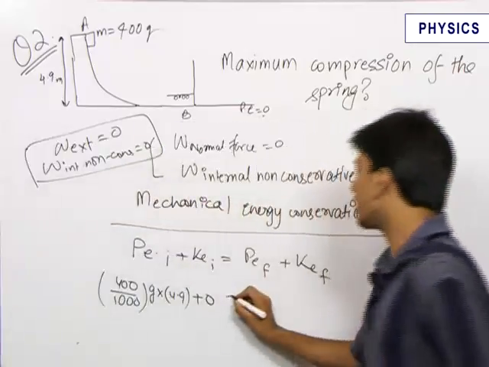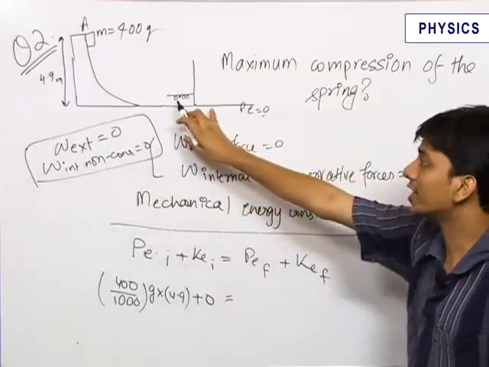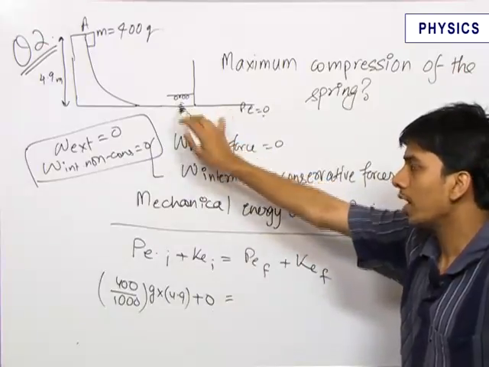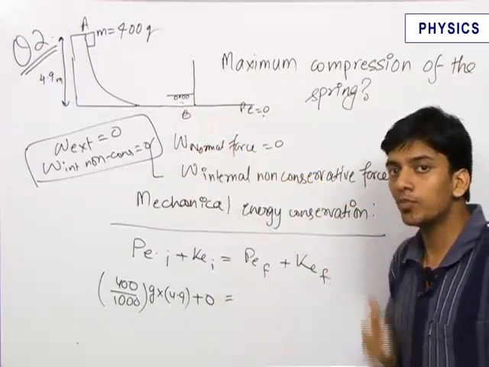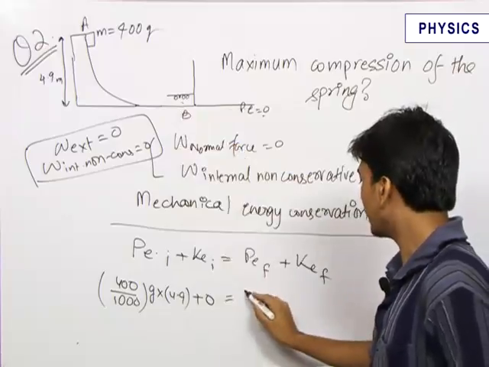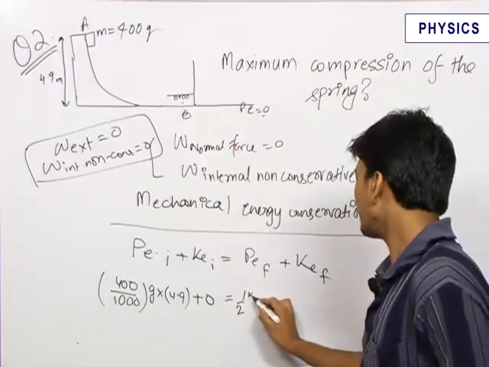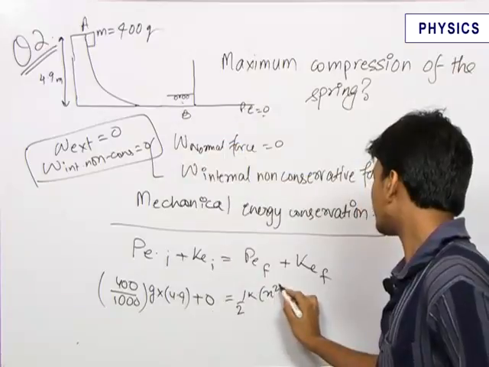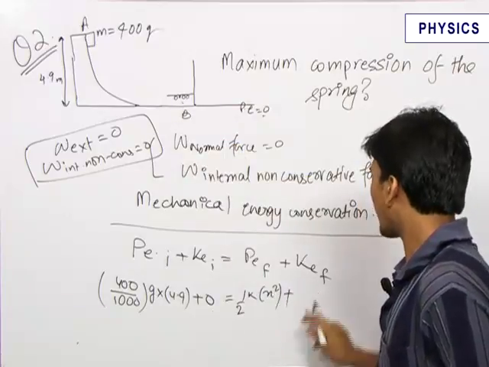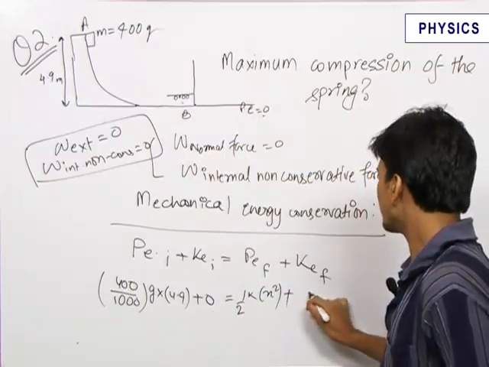The final gravitational potential energy of the block is 0, but finally there is some spring potential energy which you have to write over here, that is equal to half k x square, plus final kinetic energy of the block is again 0.